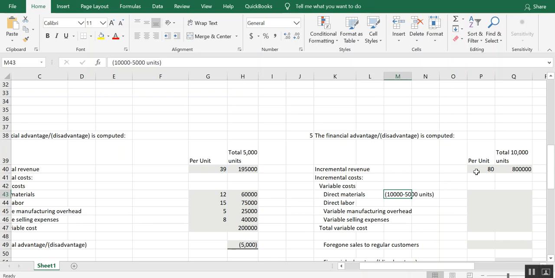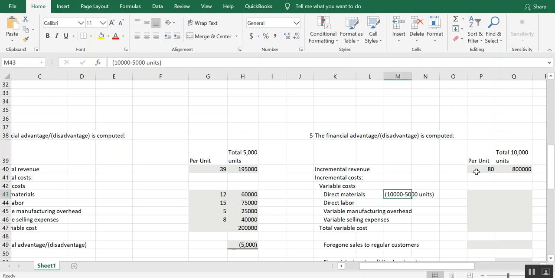So we're going to take 5,000 units from our regular customers and then sell them to this customer. So we have to say, okay, the additional cost of manufacturing these will be the difference between what we are going to sell this customer and what we're going to lose when we don't sell these to other customers.